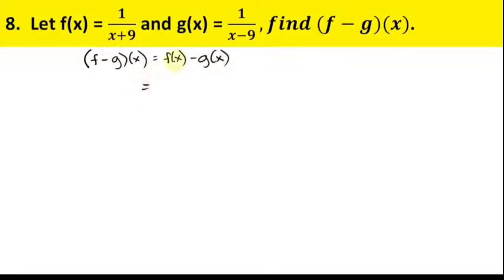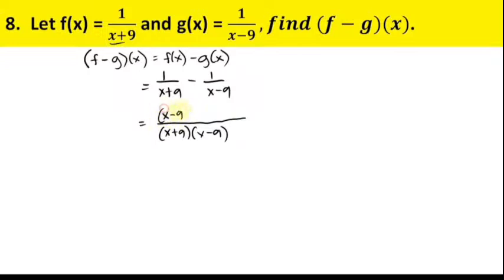Okay, so ang value ng f of x is 1 over x plus 9 subtract 1 over x minus 9. Then ang denominator is itong dalawa, so x plus 9 times x minus 9. So i-divide natin yan dito, ma-eliminate yung x plus 9, so ang remaining value is x minus 9 times 1, so still x minus 9 pa rin ang result.